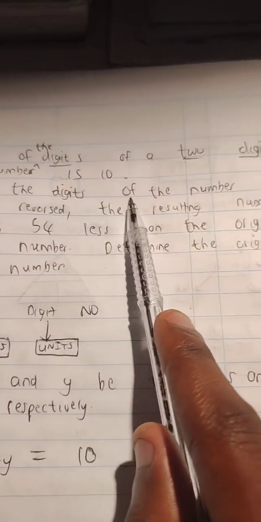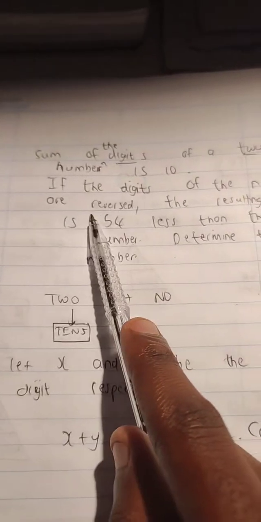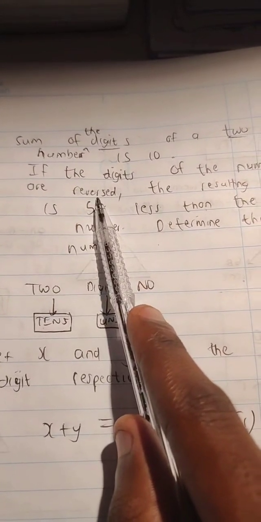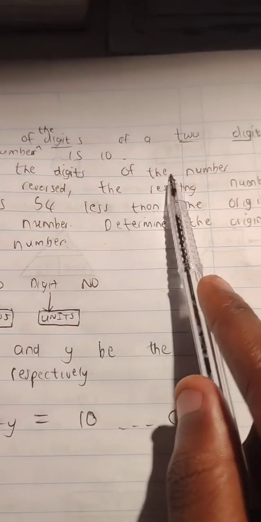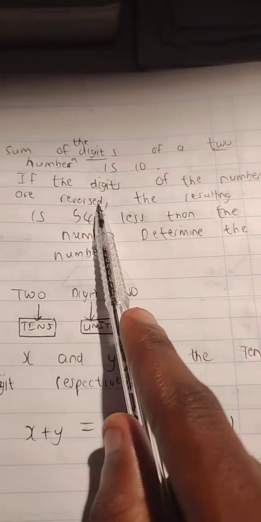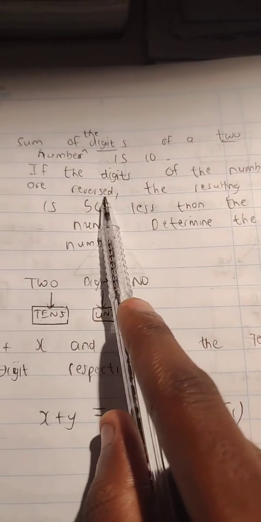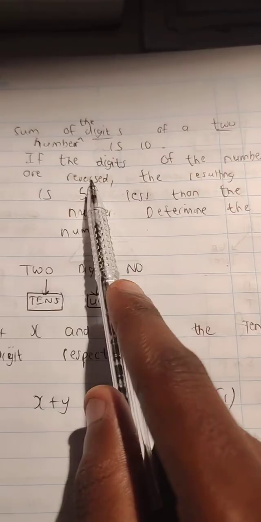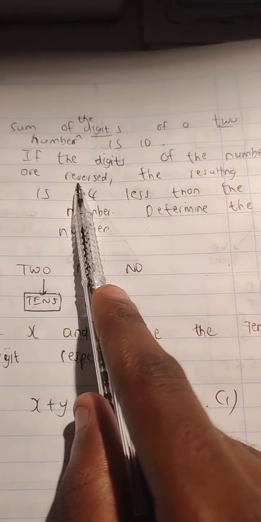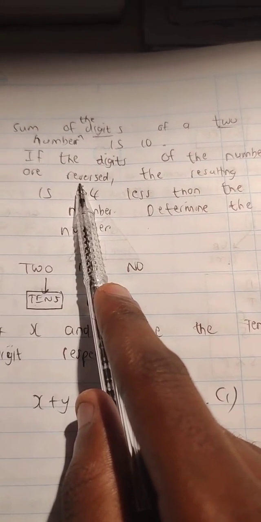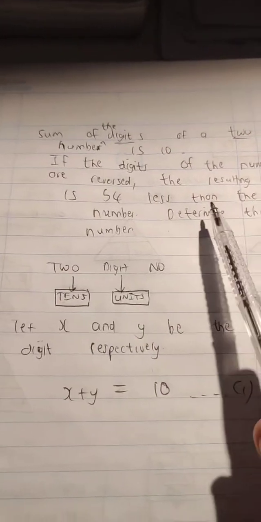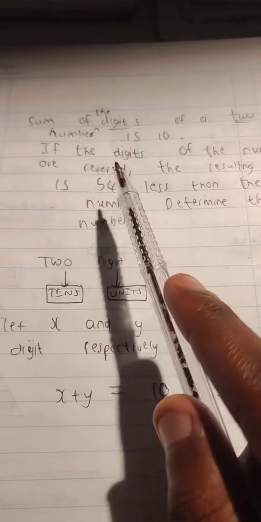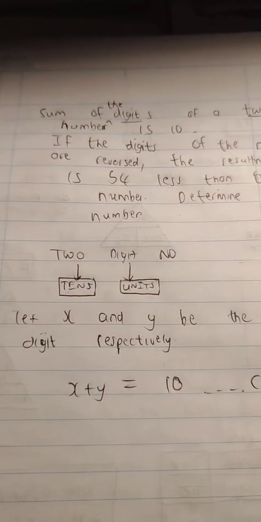If the digits of the number are reversed, because if you are going to reverse the digits of the number, and reversing the digits of the number means that the units digit occupies the tens and the tens occupies the units digit number.